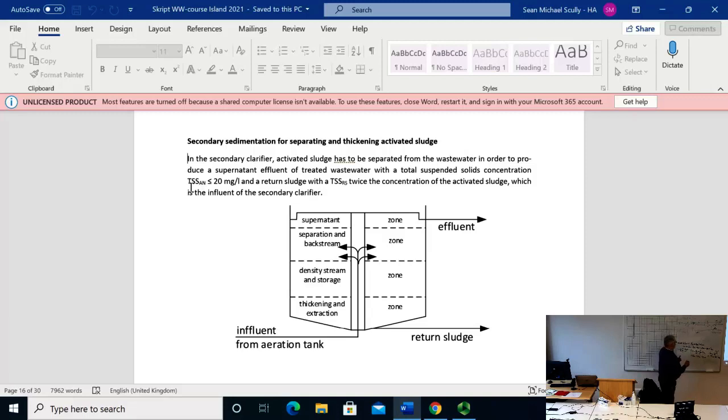Because here at this point we have our TSBB, which is our CTSBB, and we also have Q ZB plus QRS. I love mass balance. Good.